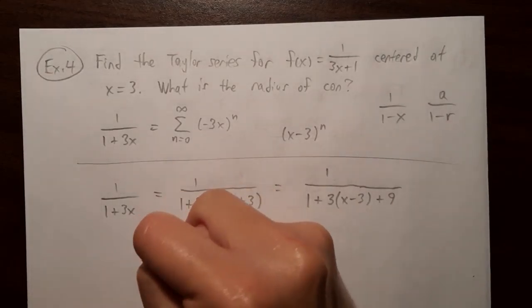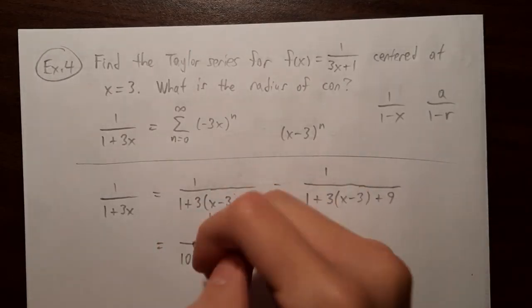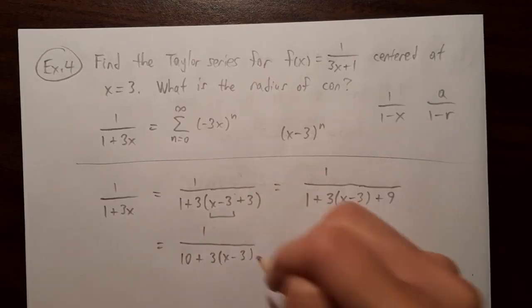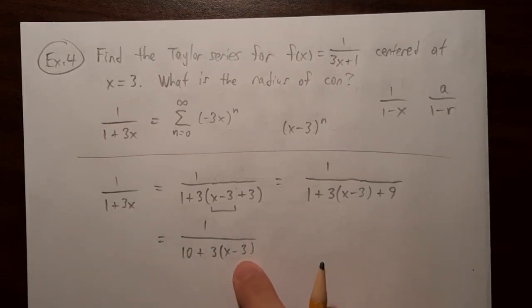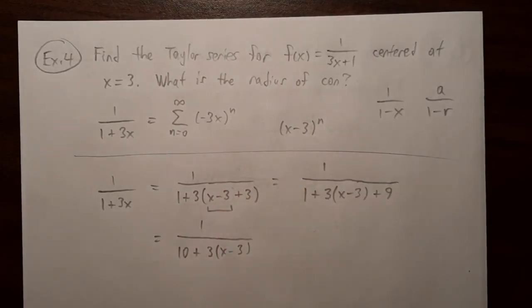Combine the 1 and the 9 like terms, and I get 10 plus 3 times x minus 3. Now I finally have an x minus 3 showing up, and this is completely clean because I undid it by having a plus 3, so I already cleaned up my mess.